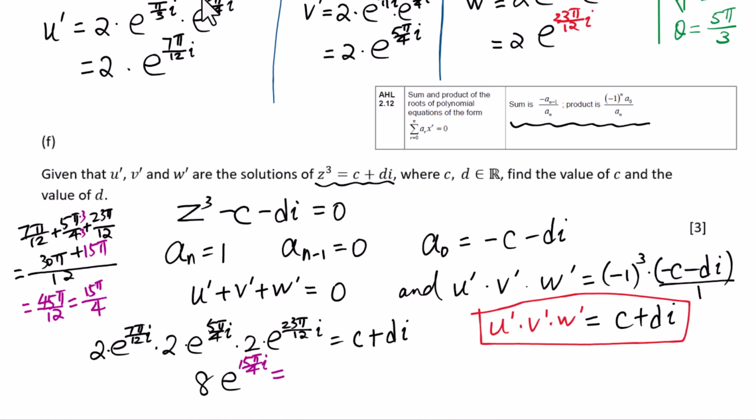So we get 8 times e to the power of 15 pi over 4 i equals c plus di.